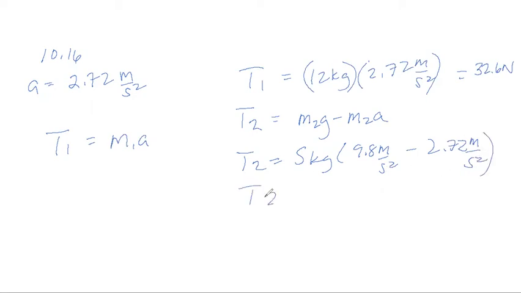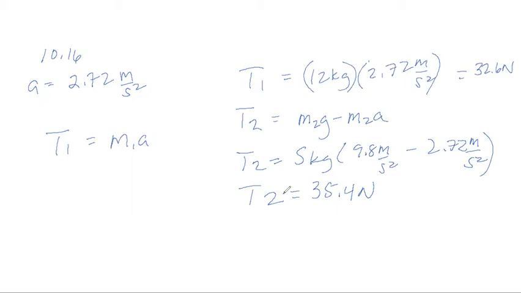And T2 is going to be equal to 35.4 newtons. Okay, that was the acceleration of the bob. We already have that, 2.72.